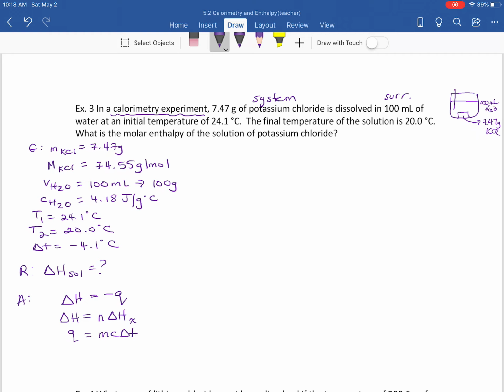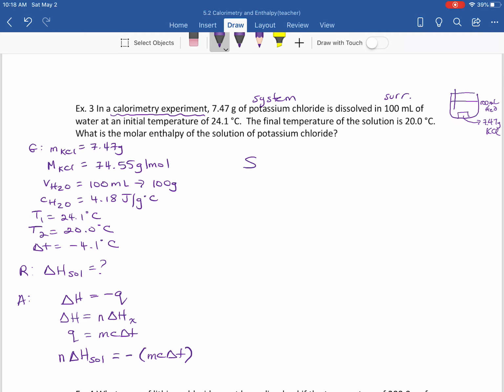We also know that Q equals mc delta T. When I manipulate all these equations, for this particular equation my moles times my molar enthalpy of solution will equal negative mc delta T. Remember, their signs are opposite because one gains, one loses.